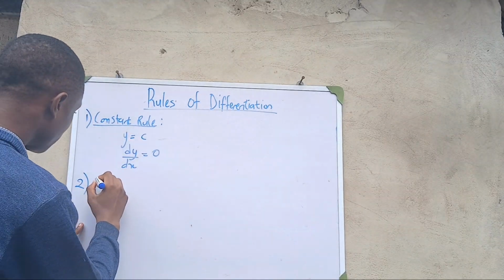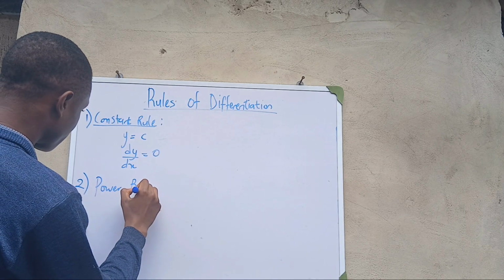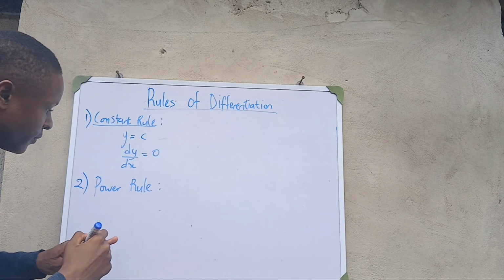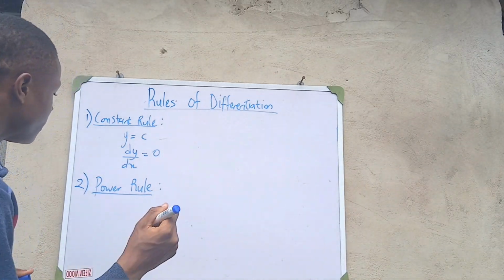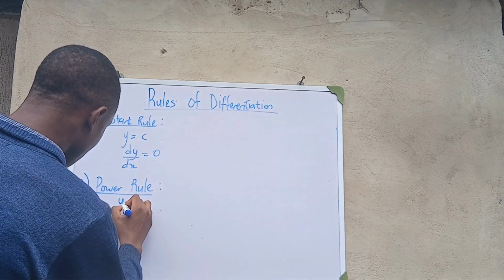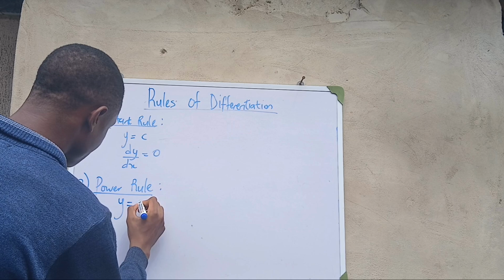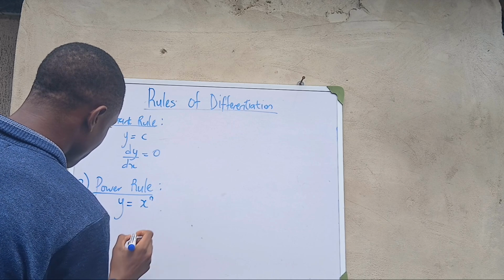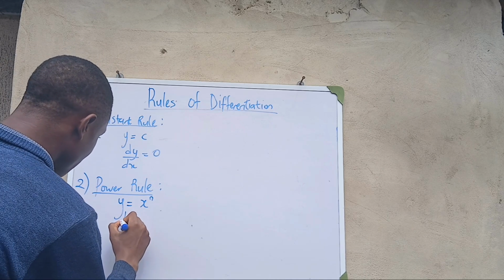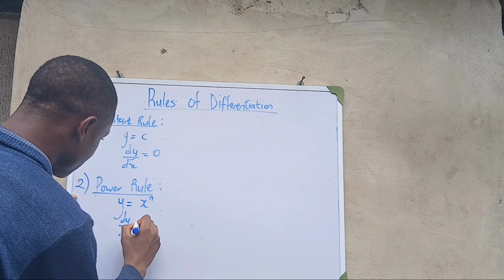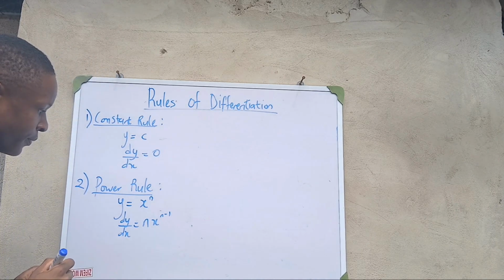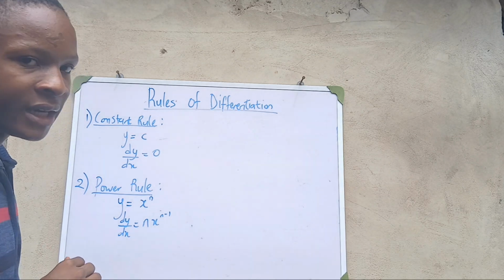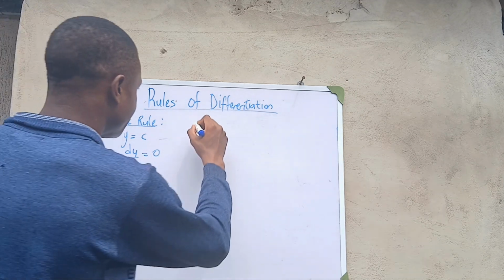Our second rule is the power rule. The power rule states that for a function, say y is equal to x raised to the power n, dy over dx is the same as n x raised to the power n minus 1. Now let me give you an example so that you understand it better.